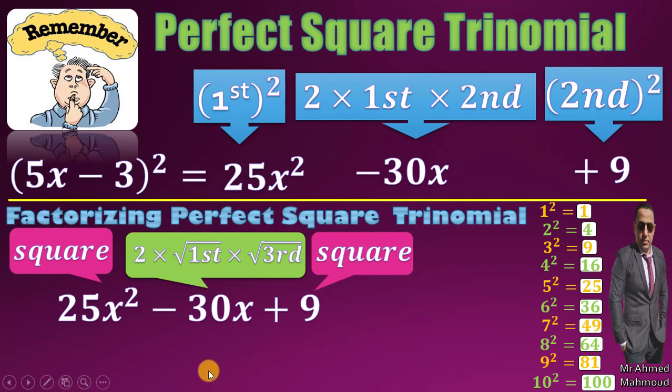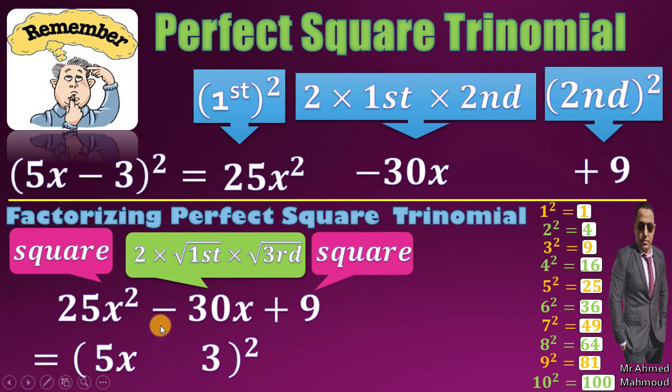How can I factorize this perfect square? It's a very, very easy method. First, I'm going to open a bracket to the power of 2 like this. Then I'm going to take the square root of the first, square root of 25x to the power of 2 equals 5x, and the square root of the third, square root of 9 equals 3.